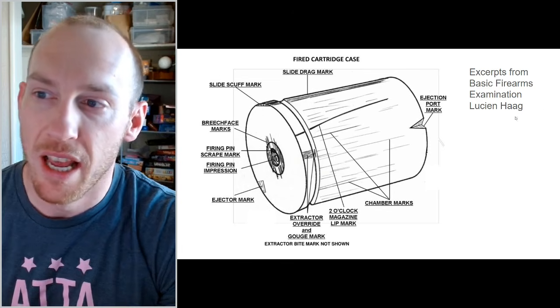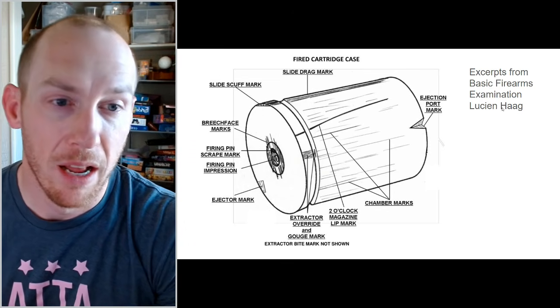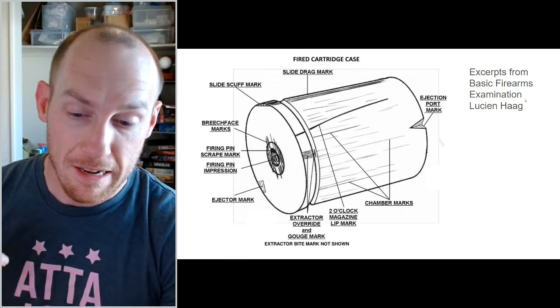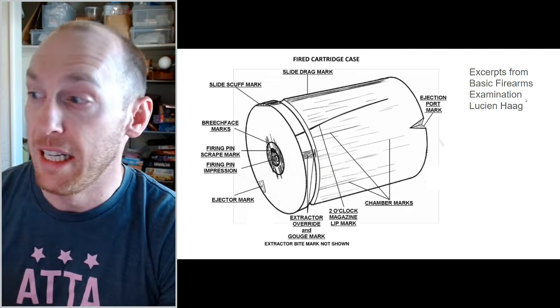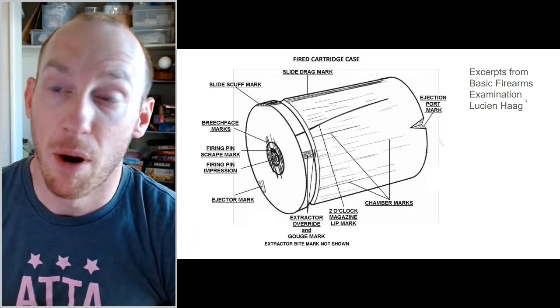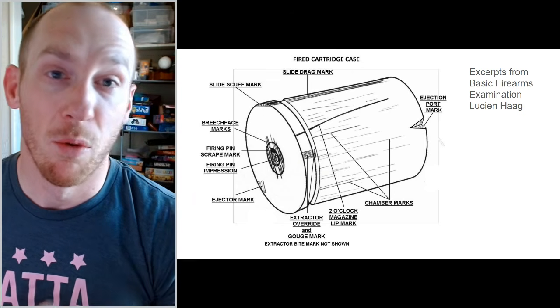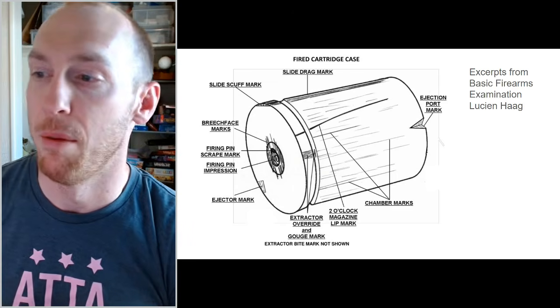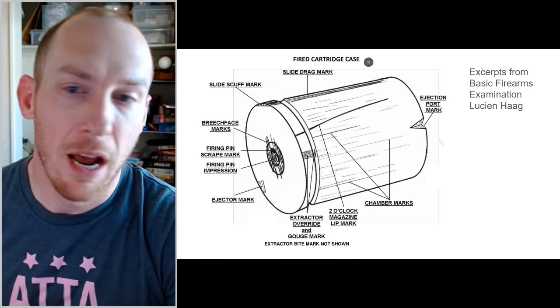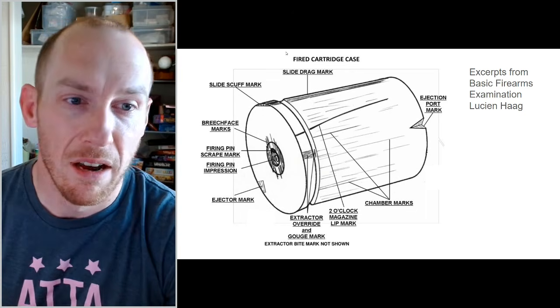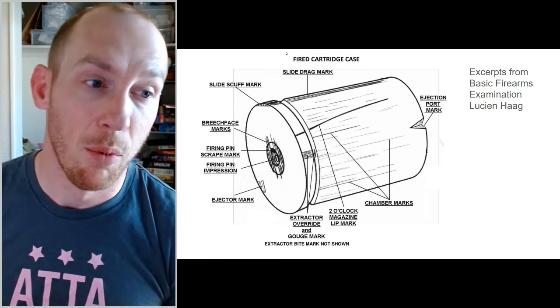This one I got from an excerpt from a presentation that Lucien Haag did. Again, you see this referenced a lot. I'd be surprised if you've seen testimony from a forensic firearms examiner before and not seen this used as a court exhibit, but it does a really good job, in a hand drawing, of showing all the different kinds of marks that can be present.